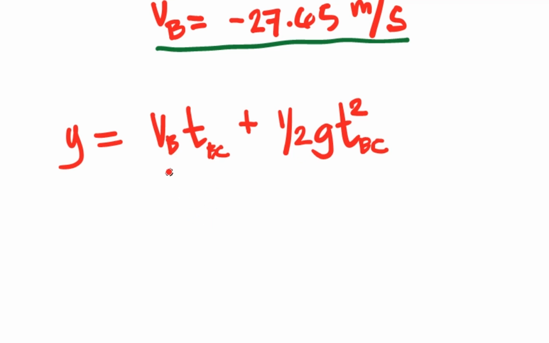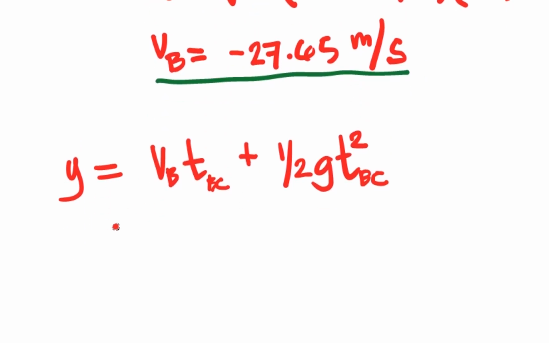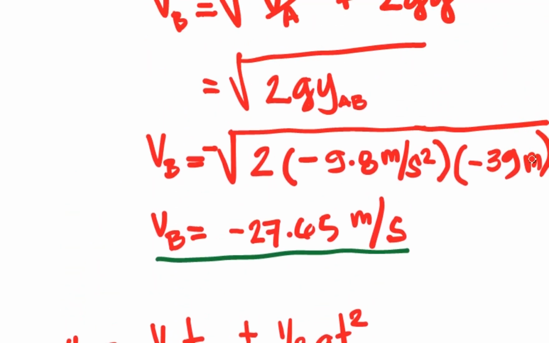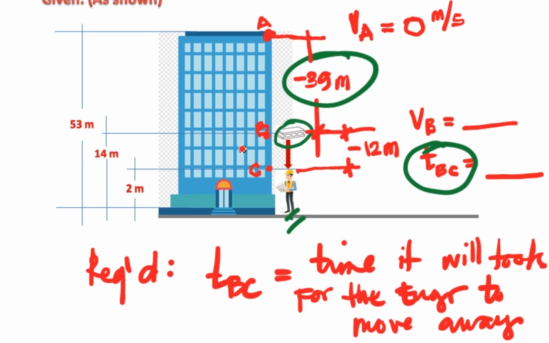Okay, now you will notice if we put all the values, this y is also the displacement from B to C. Going back to our illustration, this y, B to C, is equal to negative 12 meters.